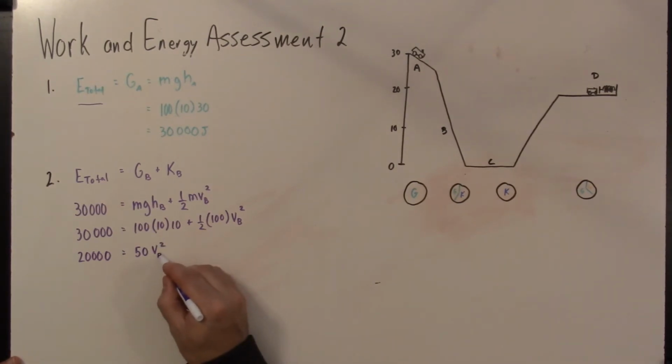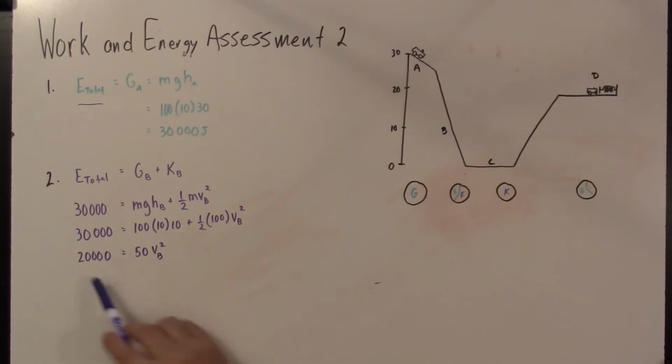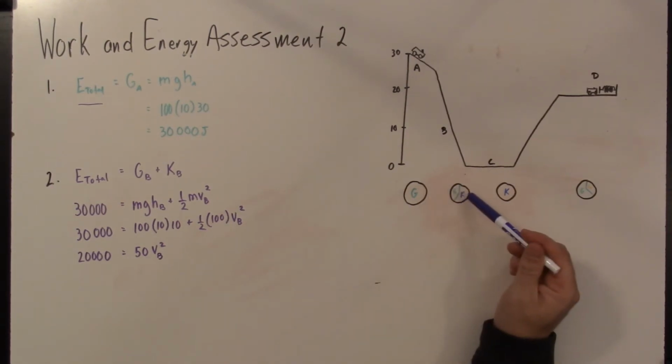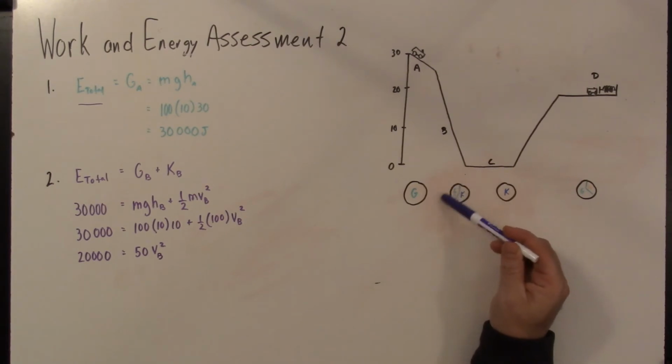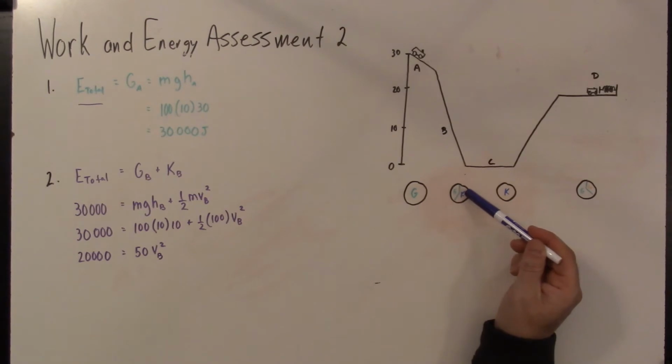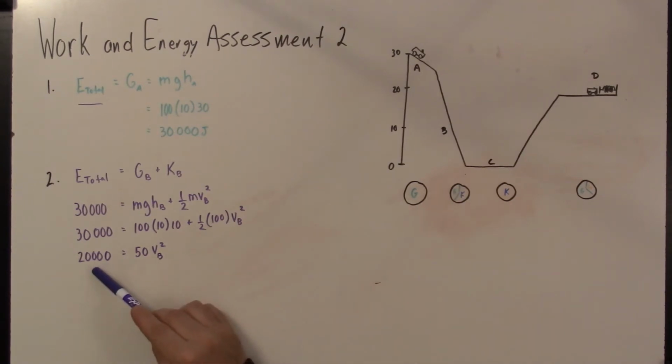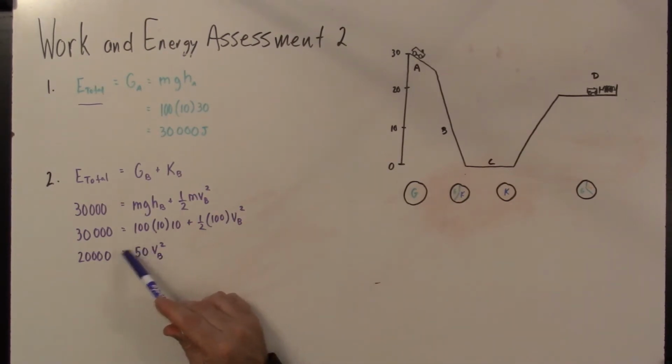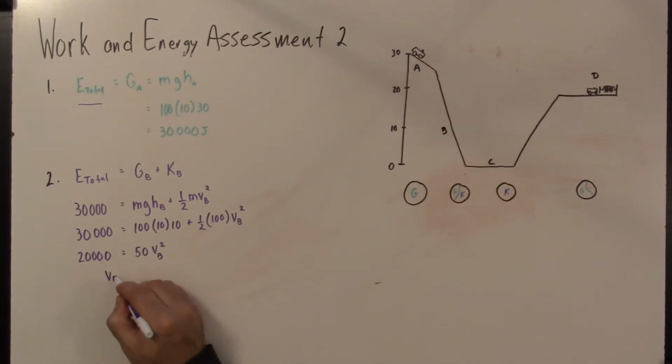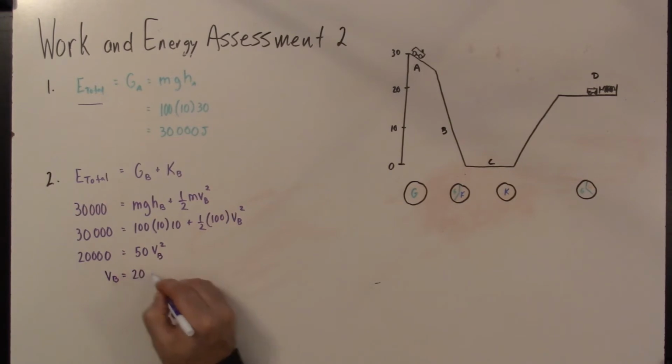You can see this 20,000 is the kinetic energy, and we can also get that from the pie chart. If you know that the total size is 30,000, 1/3 of it is gravitational, the 2/3 is kinetic, so the 20,000 is the 2/3. 20,000 divided by 50 is 400, so v at B is equal to 20 meters per second.